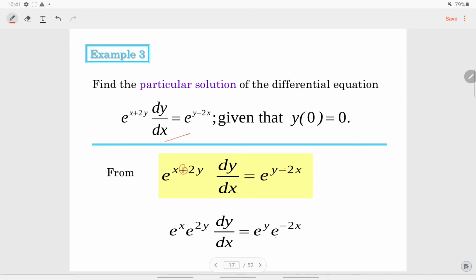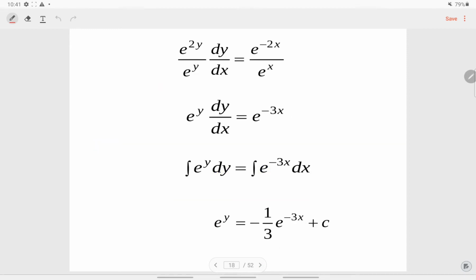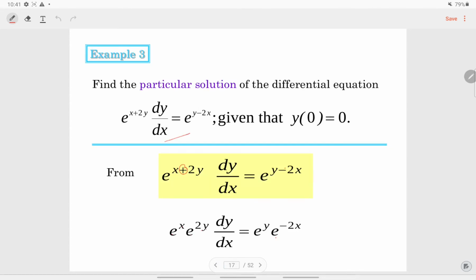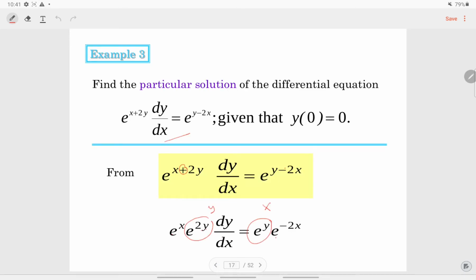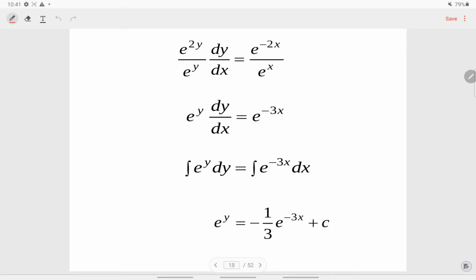Then exponential 2y over y, we separate the variable. Left hand side y, the right hand side x. Exponential 2y over exponential y, and then exponential negative 2x, bring here will be division over exponential x, and then this one exponential 2y minus y.